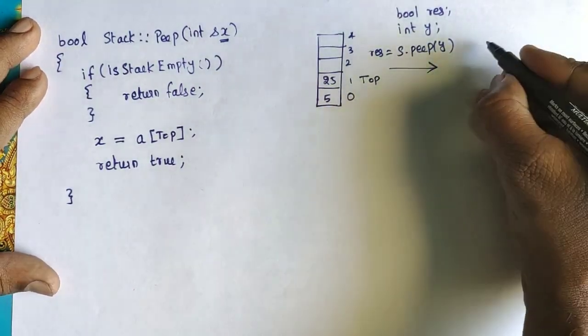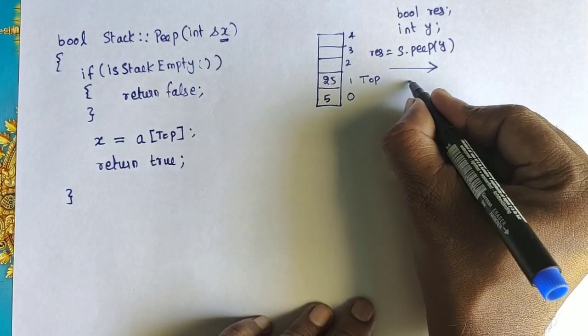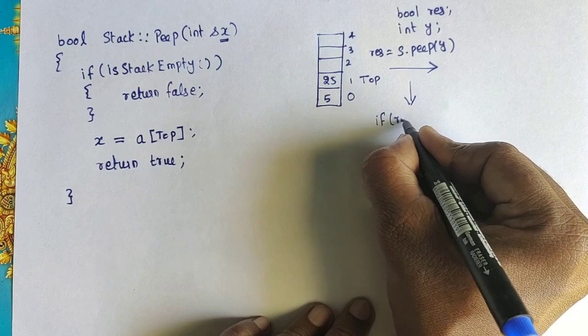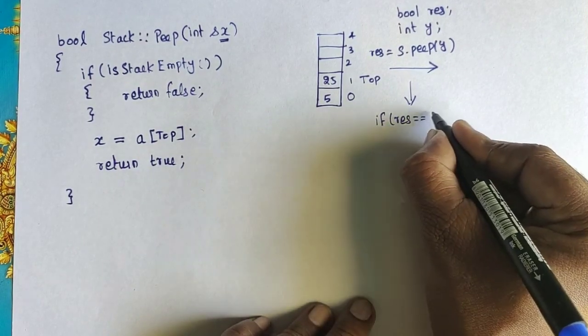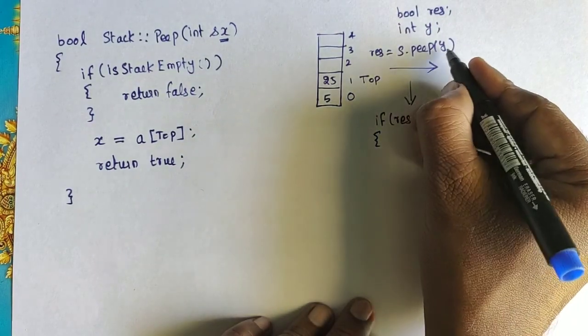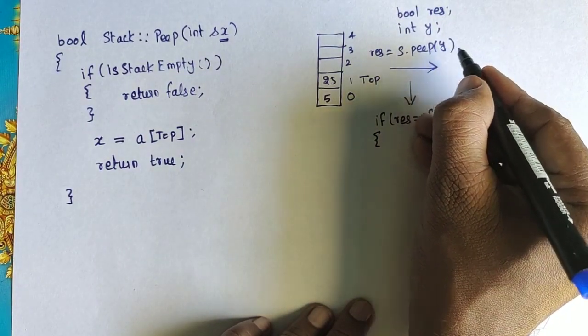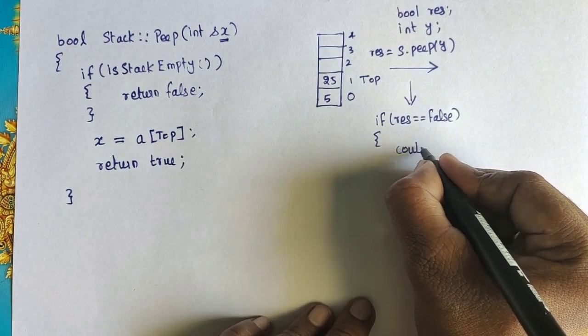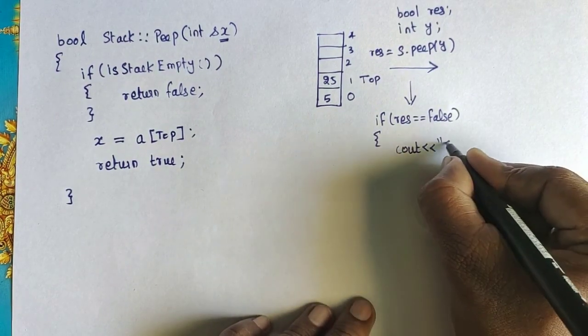When you call that function, we have to check if the returned value res is equal to false. Equal to false means there is no element in that y, so y has to be ignored. So we just have to print the message, stack underflow.